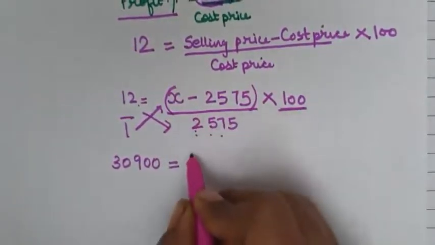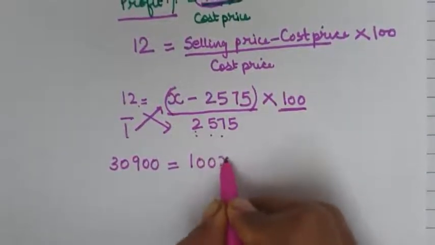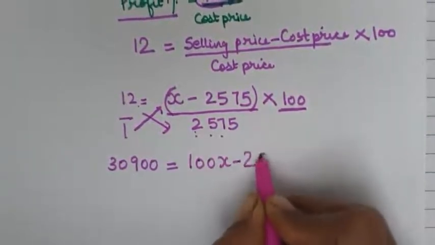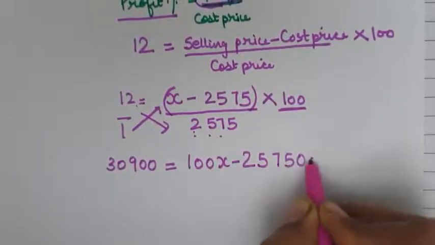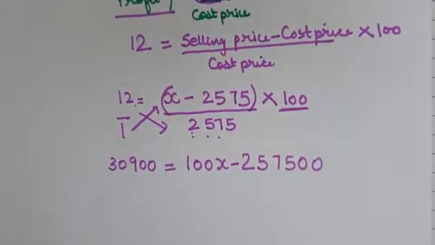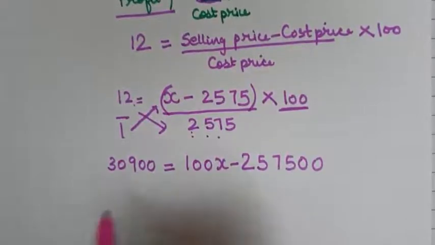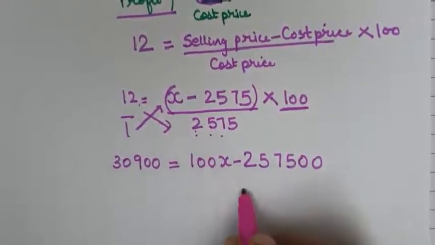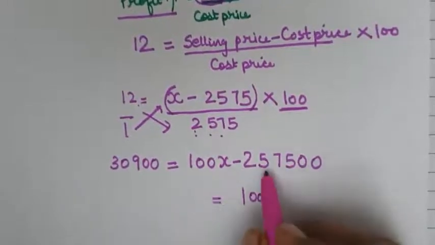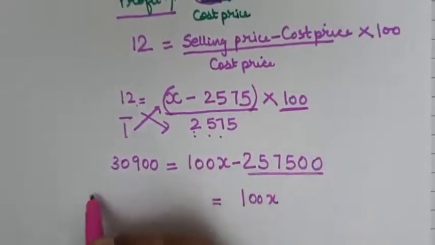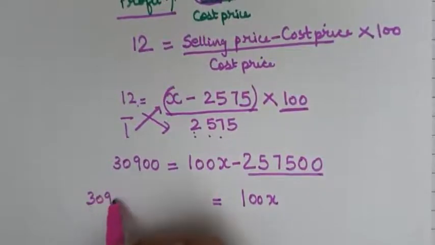So what we get? 100x minus 257500. Fine. Now 100x, keep it here and shift this value to that side.